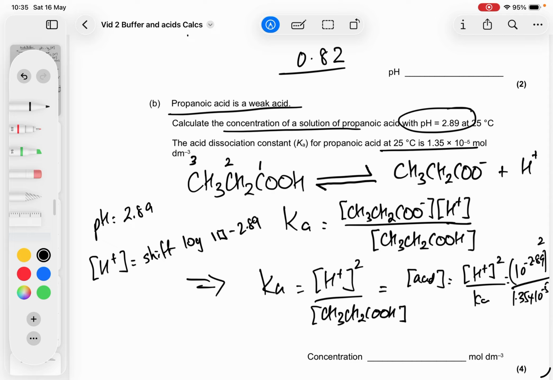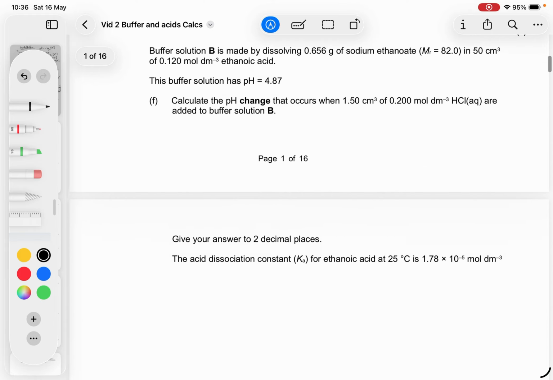That gives me 1.288 times 10 to the minus 3. I'm going to square that expression and then divide by 1.35 times 10 to the minus 5, and that gives me an answer of 0.1229, but I'm just going to give the answer to 3 significant figures. So that's the weak acid, and we've just done the strong acid.